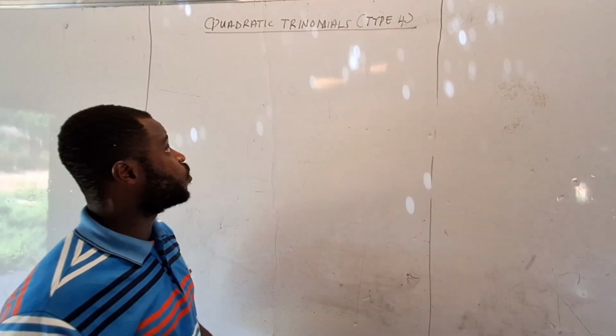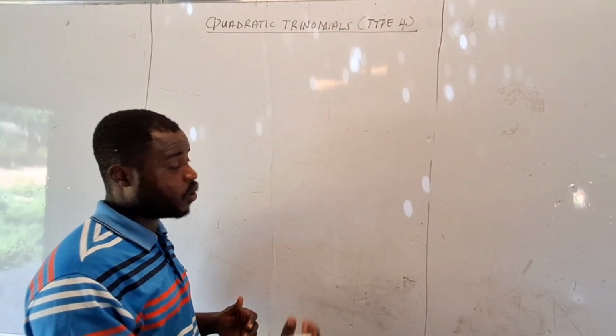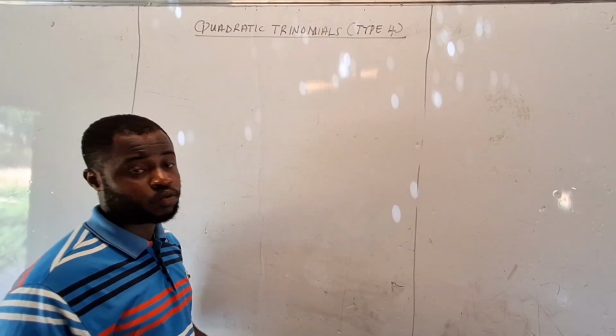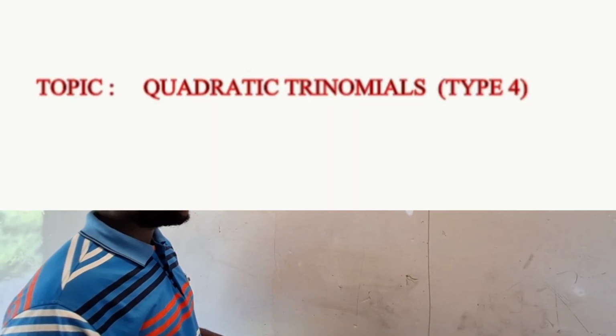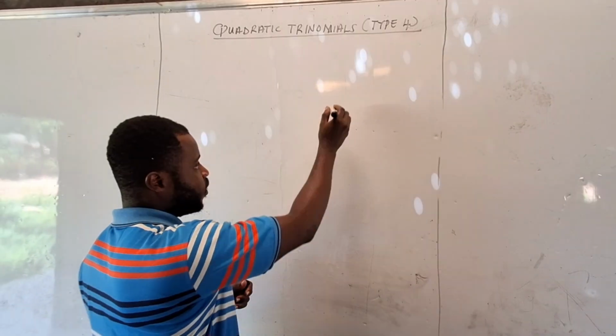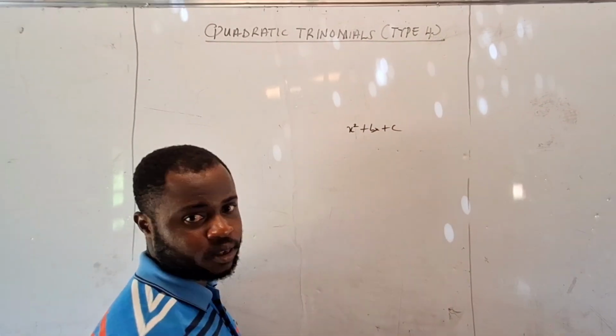In my previous video, we treated quadratic trinomials, and I told you that one is type 3 according to how I grouped the lesson. So we are going to move on to quadratic trinomials type 4. In type 3, we were seeing something like x squared plus bx plus c.